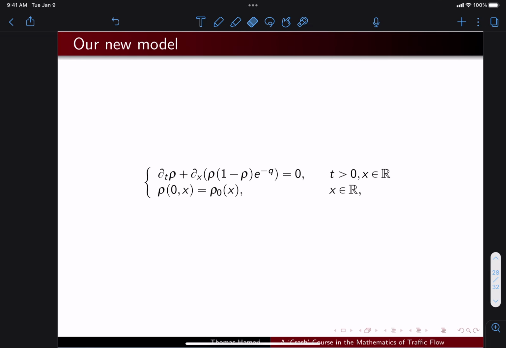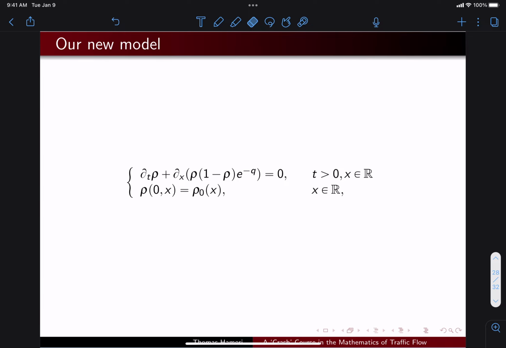What is encoded in this model is that a driver is going to perfectly inform their driving based on the number of cars ahead, right? Which they can't really know unless you had something in the car telling them, oh, there's lots of cars ahead, drive slower.